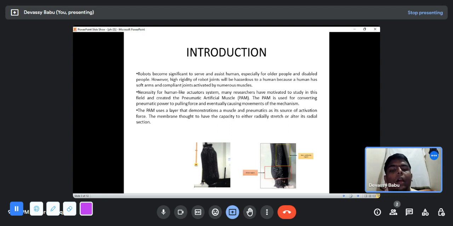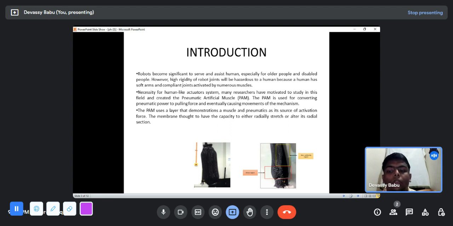artificial muscles. The pneumatic artificial muscle is used for converting pneumatic power to a pulling force, eventually causing movement of the mechanism.